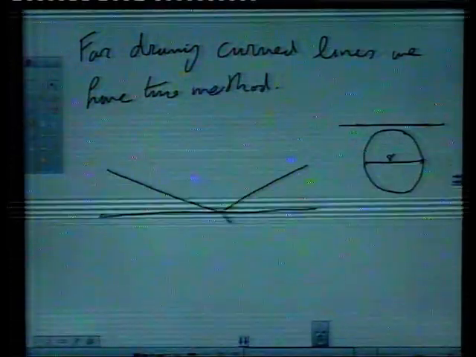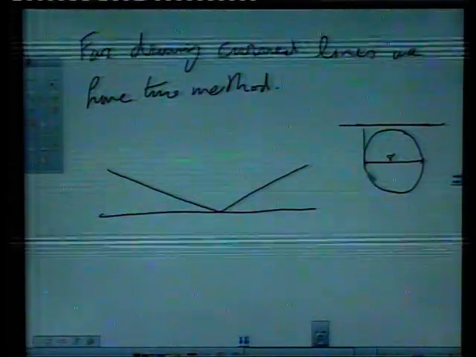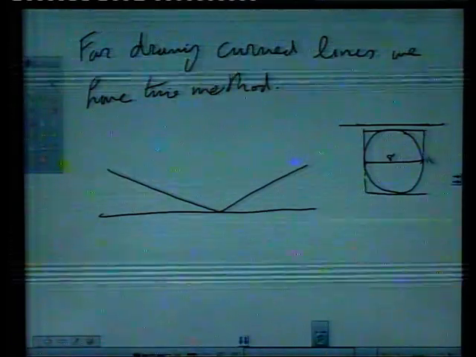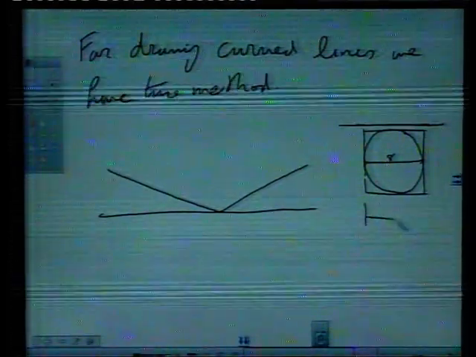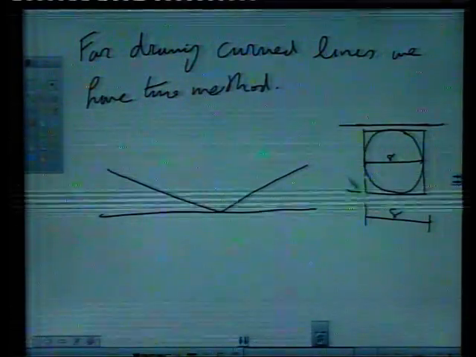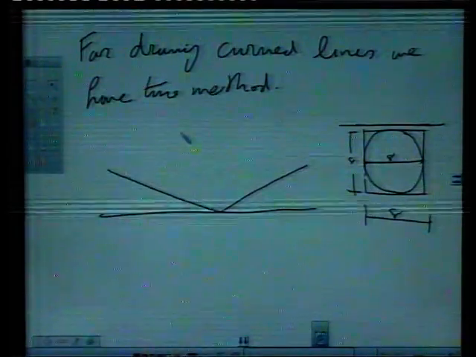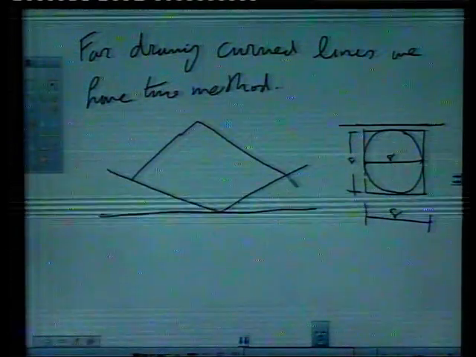We need not draw vertical axis here, as it is a flat circle. Just enclose your circle in a square of 8 into 8 centimeter.